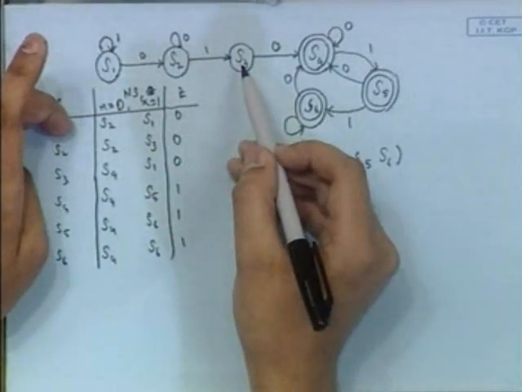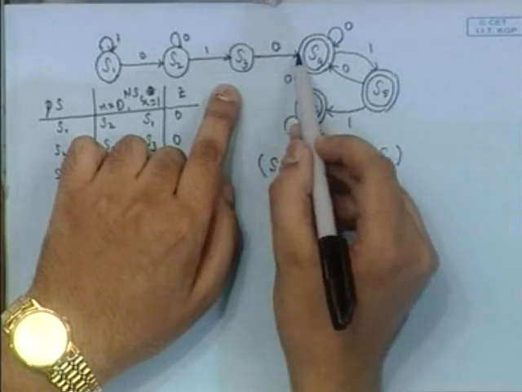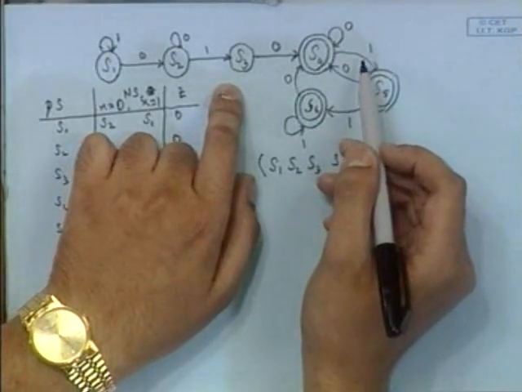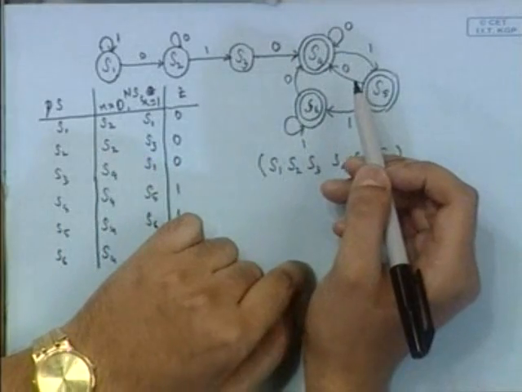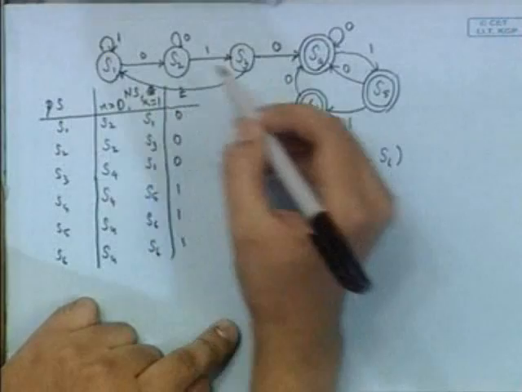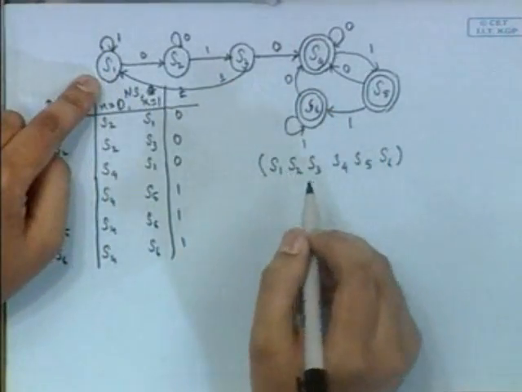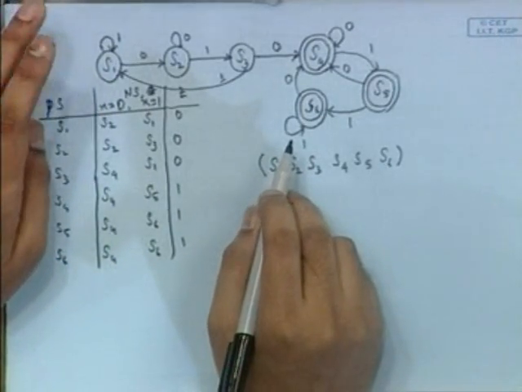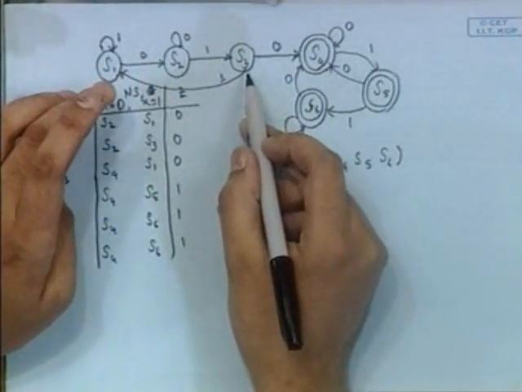For S2, the same thing. For S3, for 0 input, it is going to S4 and producing output 1. That means it is going to a final state. And I forgot one transition here: for 1, it will go to S1 and produce output 0. So we can readily say that S1 and S2 are different from S3.